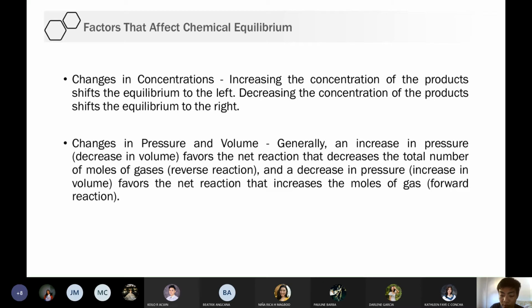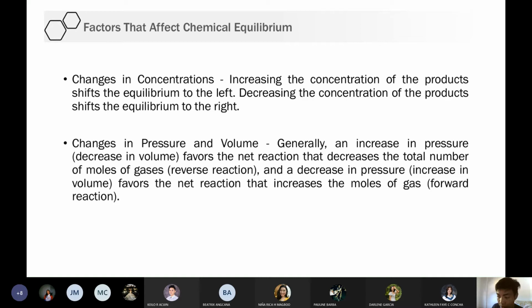I misread that. So if you increase the concentration of your products, your equilibrium shifts to the left in order to reestablish the balance. If you decrease the concentration of your products, then the system will shift towards the right in order to reestablish the balance.